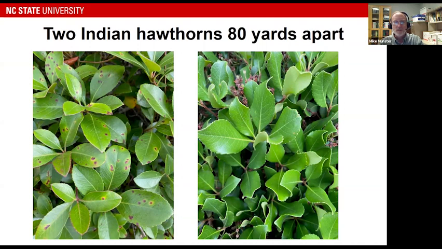Anybody want to venture? I'm going to sneak over to the Zoom controls and look at the chat. Lynn says it might be mites. The question though is why one is affected and not the other?